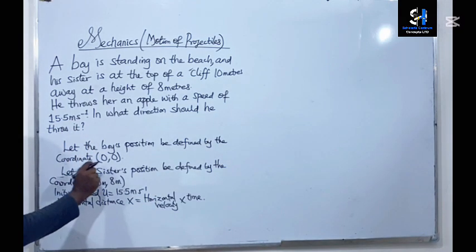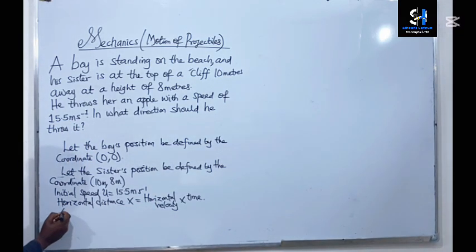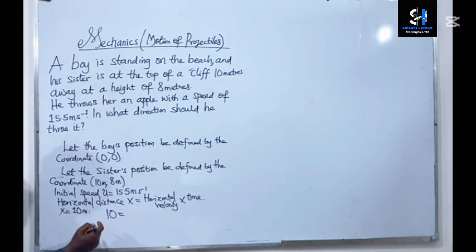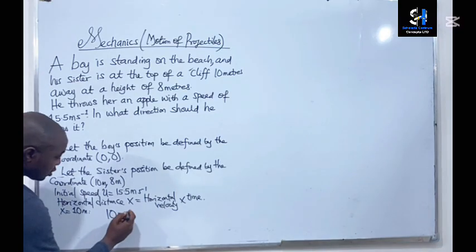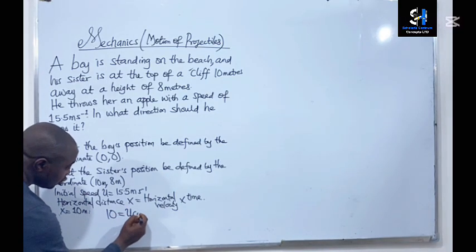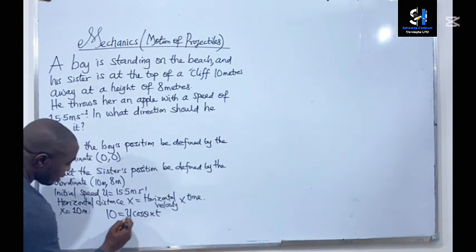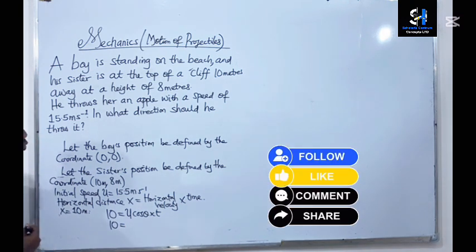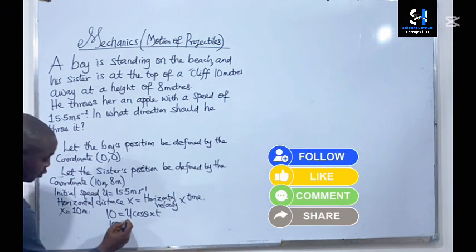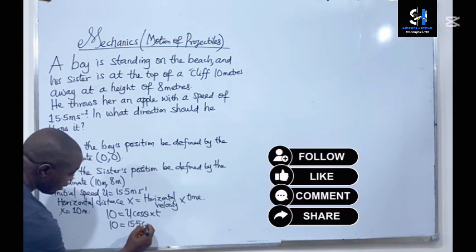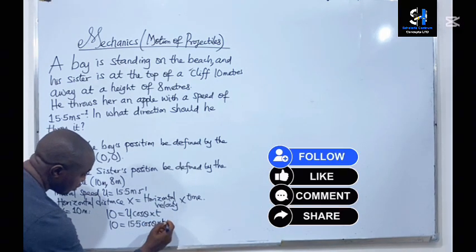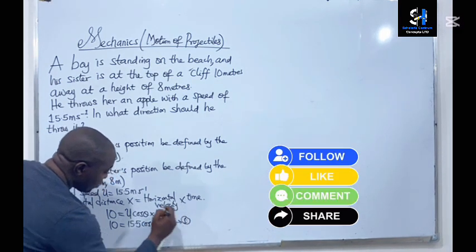The horizontal distance x equals 10 meters, so 10 equals horizontal velocity, which is u cos theta, multiplied by t. That is 10 equals 15.5 cos theta multiplied by t, and this becomes equation 1.